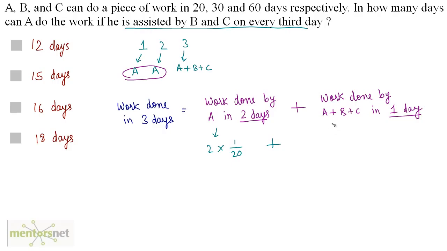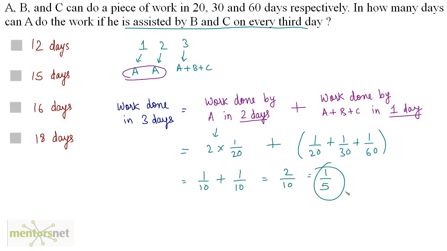So this will be equal to the addition of work done by A in one day, that is 1 by 20, plus the work done by B in one day, that is 1 by 30, and the work done by C in one day, that is 1 by 60. So this is equal to 1 by 10 plus, and if you solve this you'll get again 1 by 10, and that is 2 by 10, and that is 1 by 5.